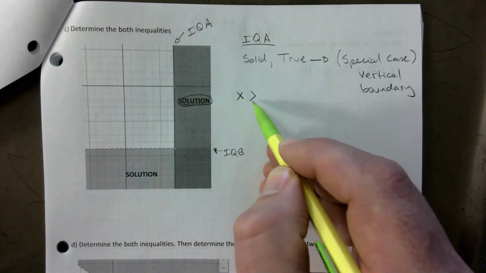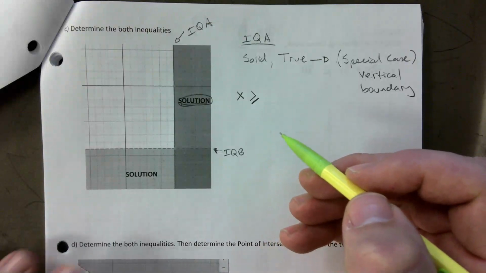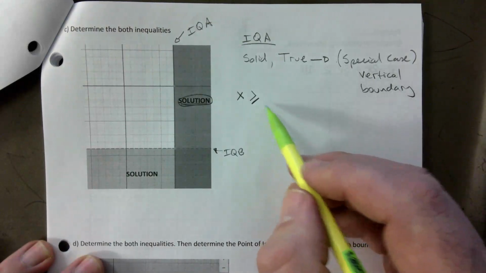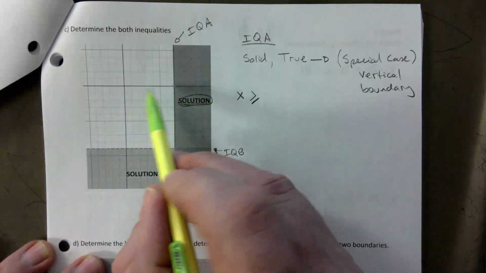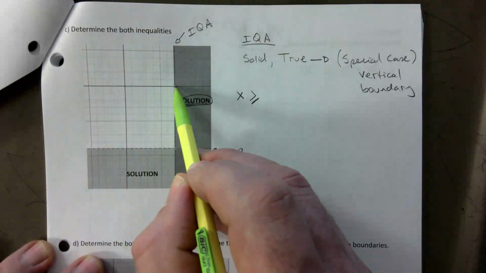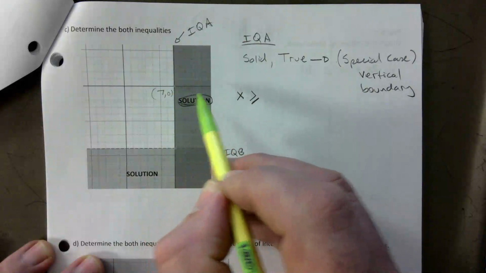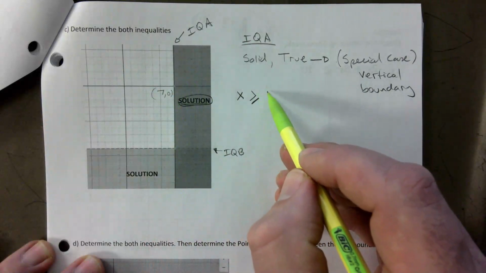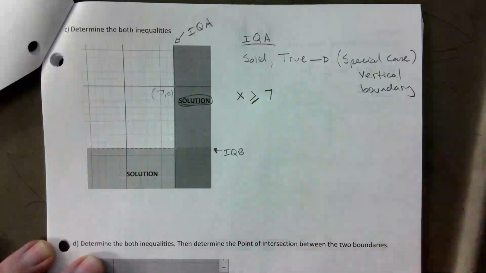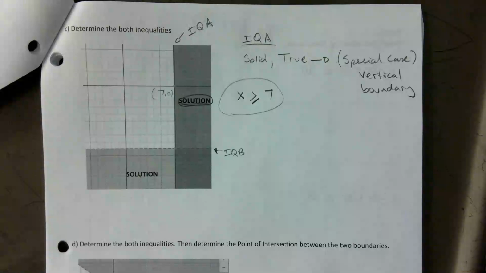It should go this way, and because it's solid, I'm going to add the equal sign under. And there's a number that's going to go here. This one goes through 1, 2, 3, 4, 5, 6, 7. This is 7, 0 right there. So I know that this boundary line goes through 7. That's it. You're done. No need for slope, no need for y-intercept. That's it.